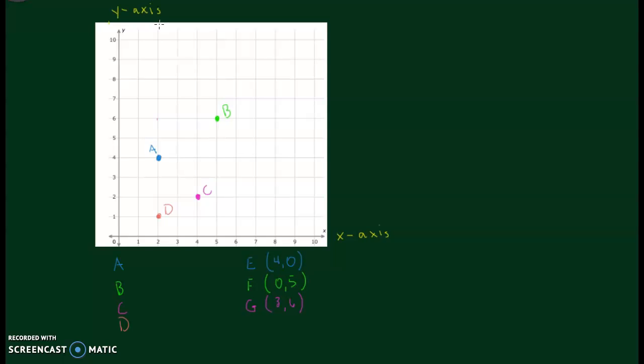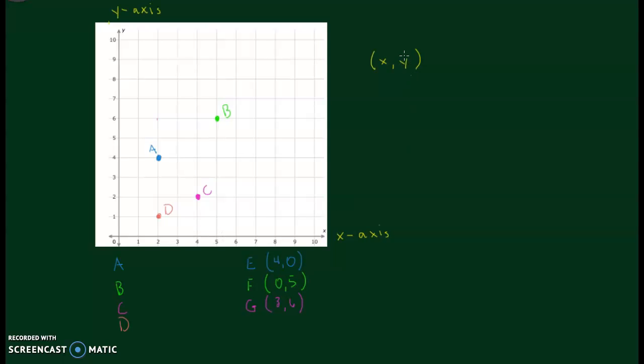Now, when we plot coordinates, so I'm going to use this in parentheses. These would be coordinates. The x is the first number, and the x shows us how much we go left or right on the horizontal axis.